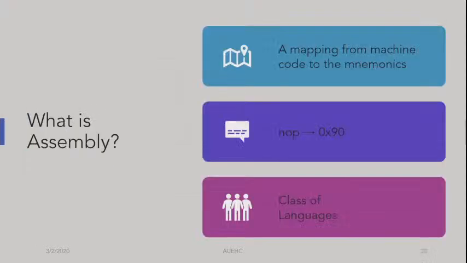So here's what is assembly. It's basically a mapping of machine code, or opcode, to mnemonics. What your computer understands as machine code is translated over to assembly, which is much easier for us to work with, believe it or not. In this instance, we see a NOP translates to 90.